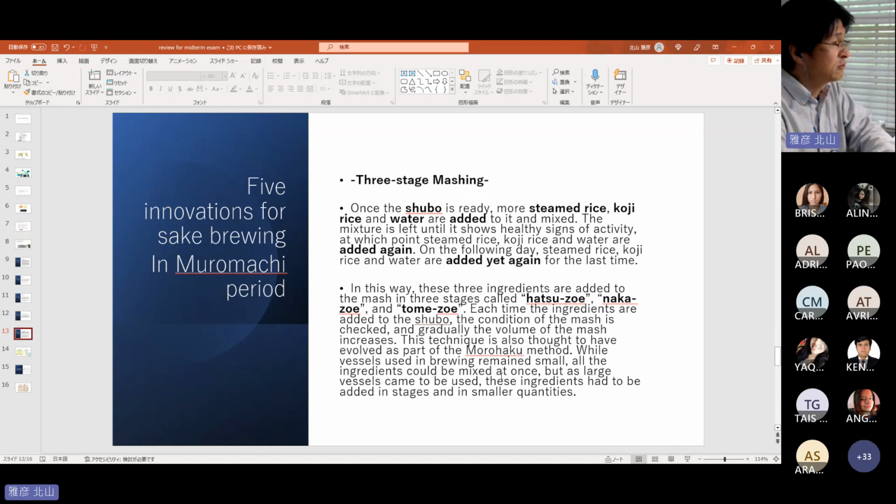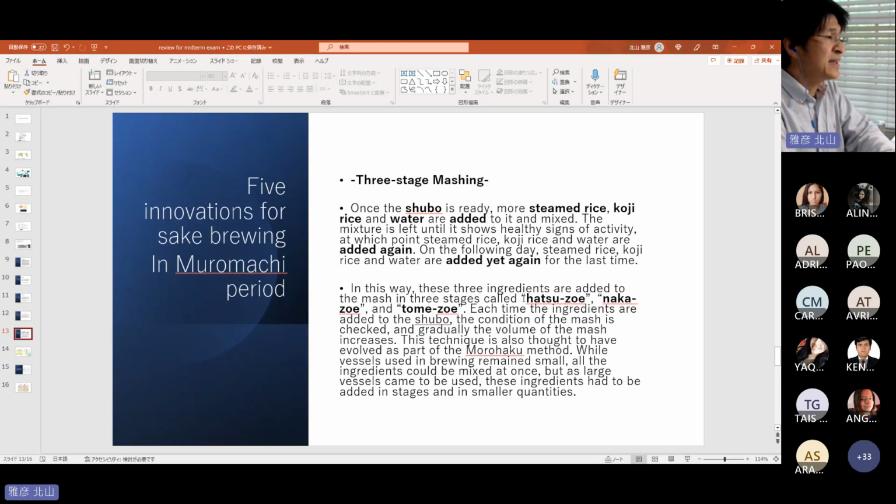And the last technique that they developed was 3-stage massing, or 3-stage addition. So they added all ingredients for main fermentation 3 times separately. I think first day, third day, and fourth day.